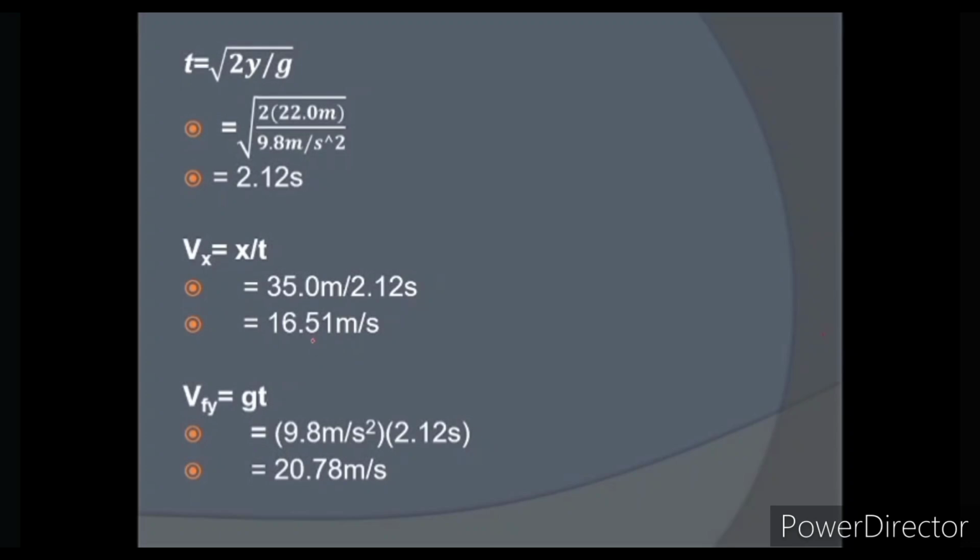Next, if you're looking for the final velocity in our vertical component, we have the value for the gravity, which is 9.8 meters per second squared, times our time, 2.12 seconds.